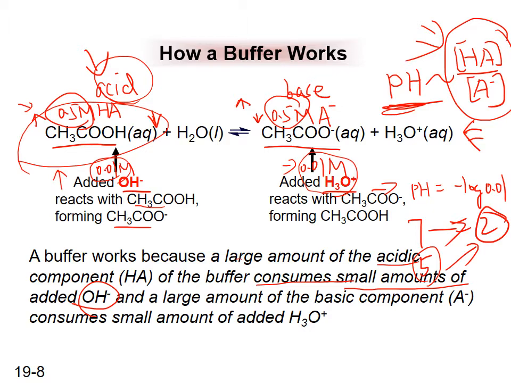Or the large amount of basic component, acetate anion, will consume the small amount of hydronium ion added to the solution. In other words, the buffer solution will absorb the added hydroxide or hydronium ion and maintain the pH value constant.